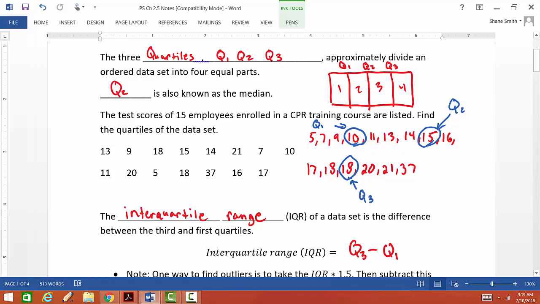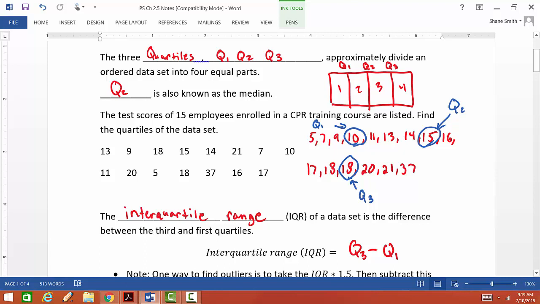No. So we have to count everything that's less than 18. And this is exactly why you can never be in the 100th percentile, because even if you score at the very top, like let's say 37, I don't count 37. I count everything beneath it, which would be 14 data points because there are 15 employees total.